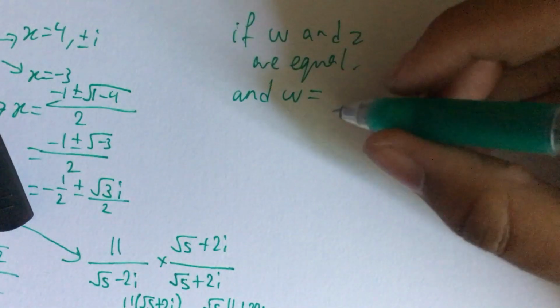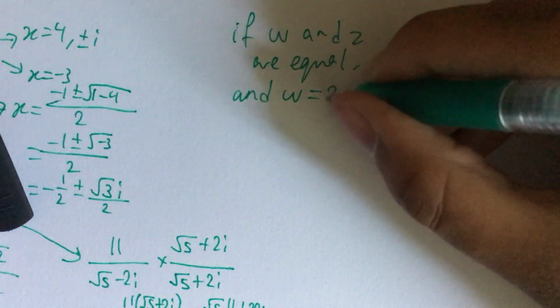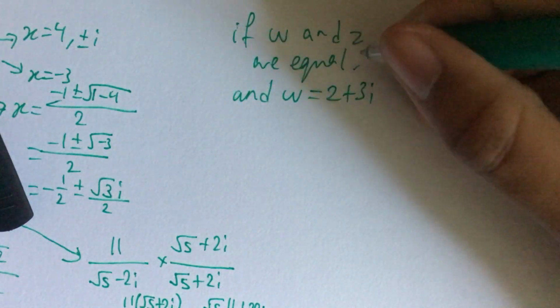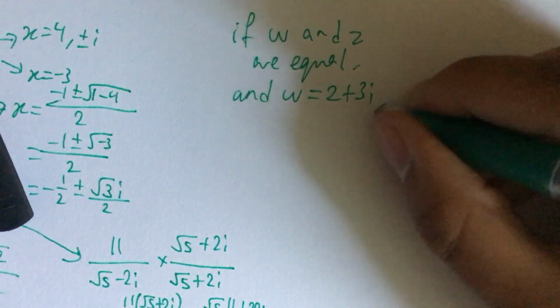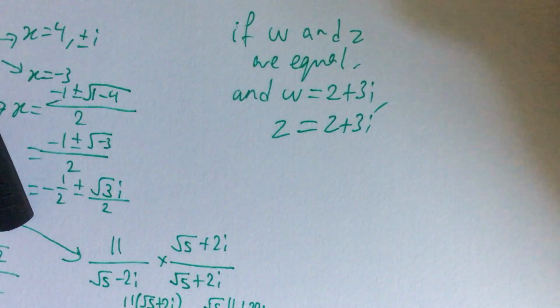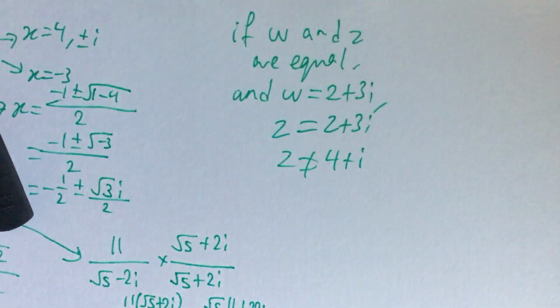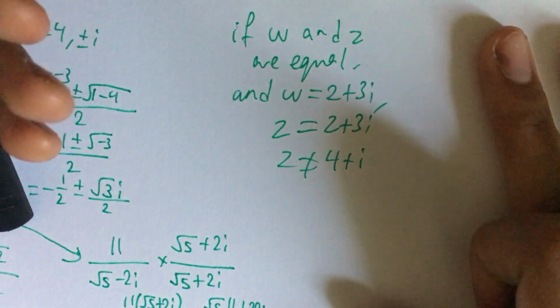So for example, if you have w equal to 2 plus 3i, and you have a number z that is equal to w, which means that z must be 2 plus 3i. It cannot be 4 plus 1i or something like that. It doesn't work that way. So just take that into consideration.